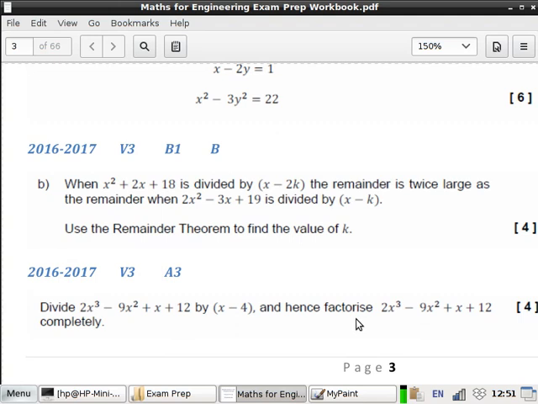So can you just practice dividing this, and then I'll do that and we'll finish. So 4 marks is long division and factorize. Maybe like 3 and 1, or 2 and 2.